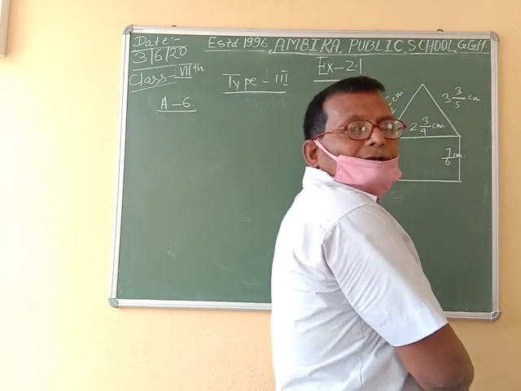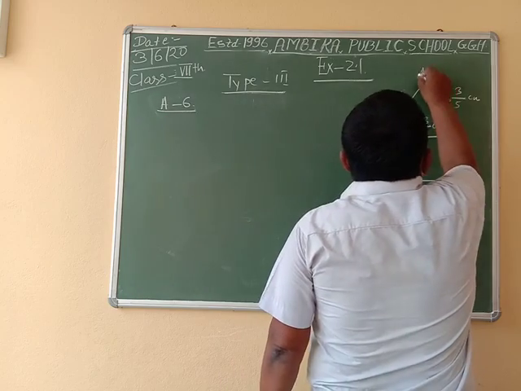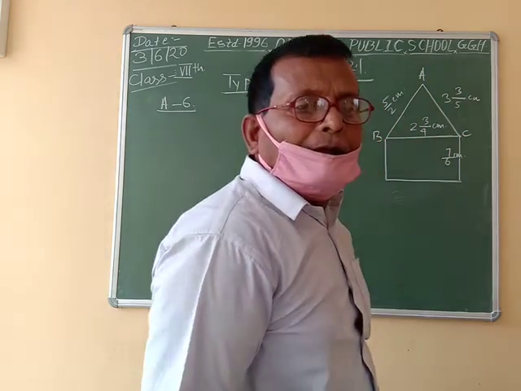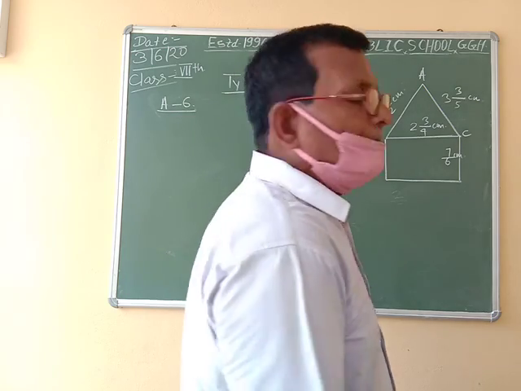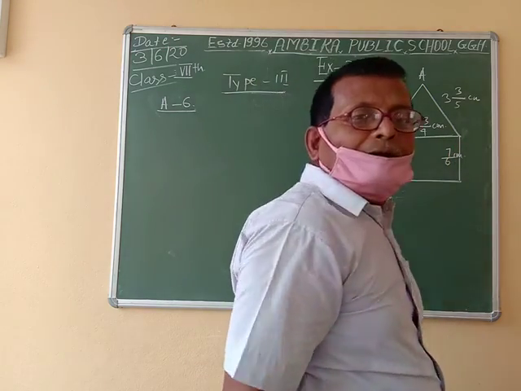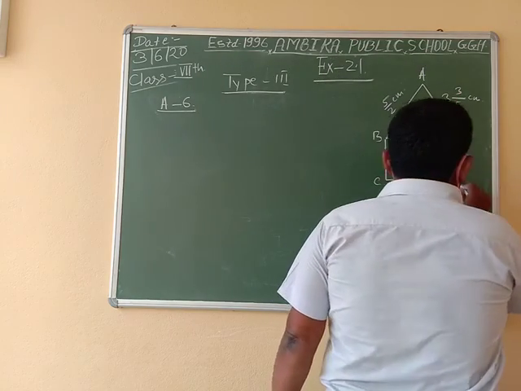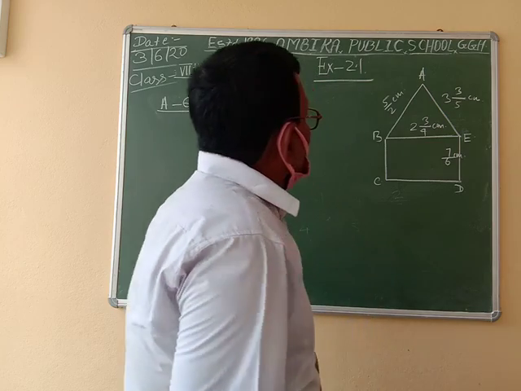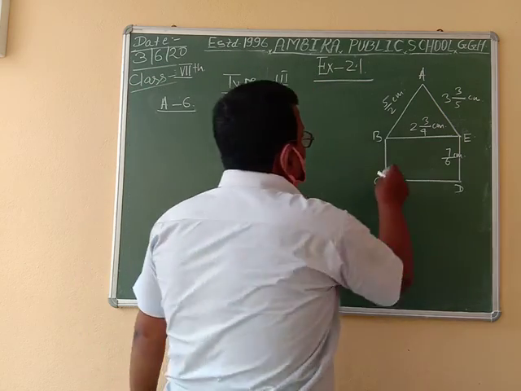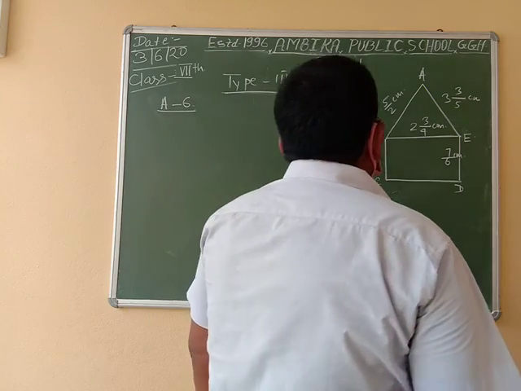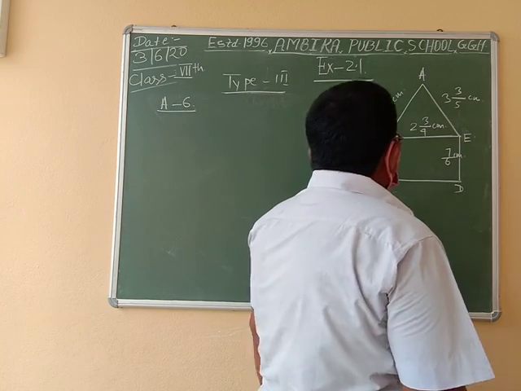A, B, C, D, E. We know that the sum of all sides of a geometrical figure is called the perimeter.